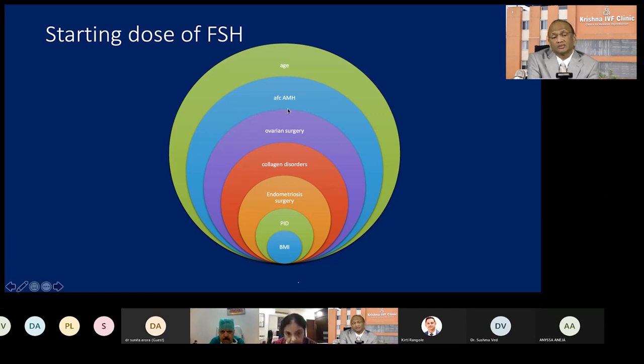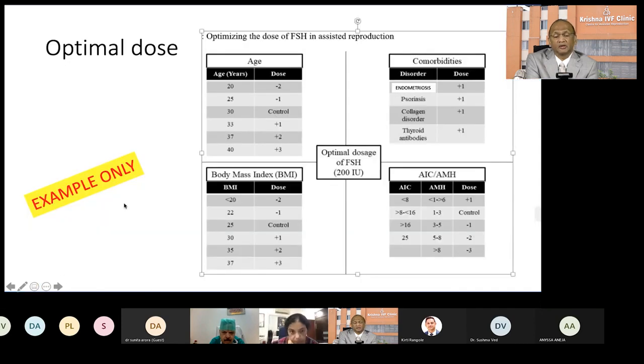The sixth is using one of the parameters called AFC or AMH, and then using the age as a starting dosage. So for our clinic we devised a rough scale parameter called optimal dosage, which is a very crude thing, but this is what we follow.